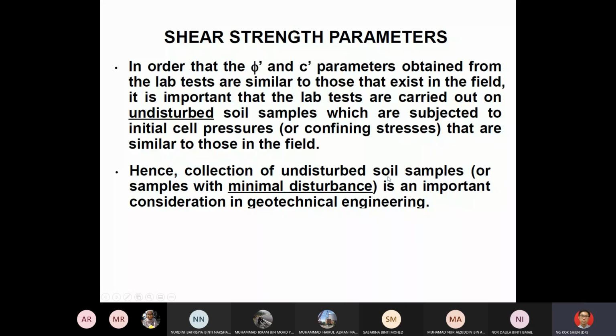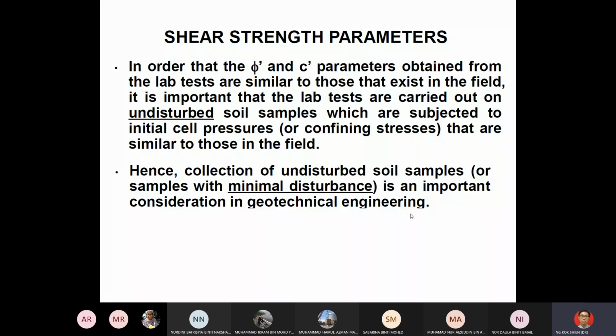Hence, collection of undisturbed soil samples, or samples with minimal disturbance, is an important consideration in geotechnical engineering. So always choose minimally disturbed soil samples. Otherwise, your result may not be correct. If you use the wrong parameters, then you get the wrong answer. If the wrong answer is on the safe side, giving an under-prediction of the factor of safety, it's still okay.